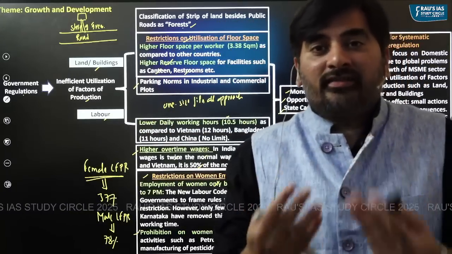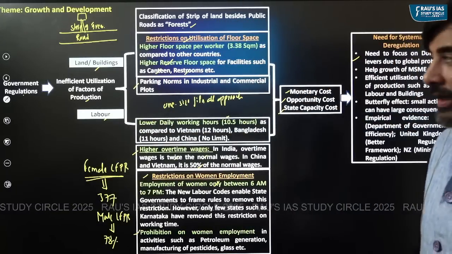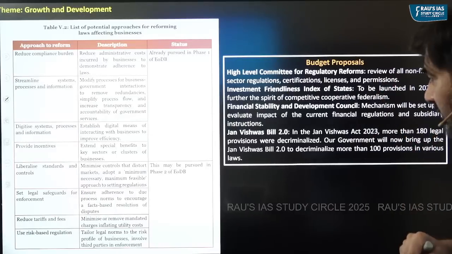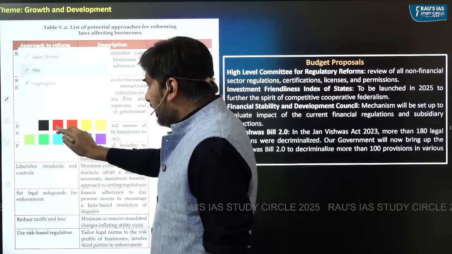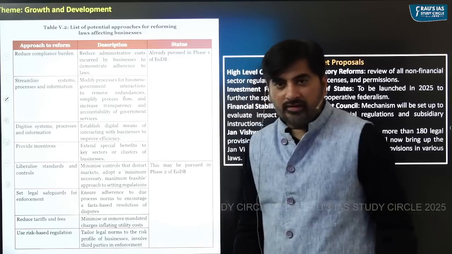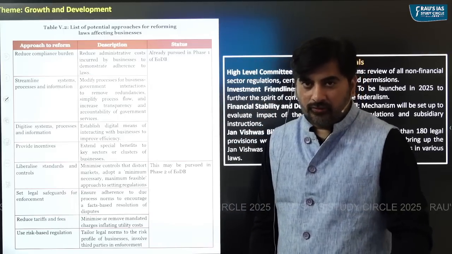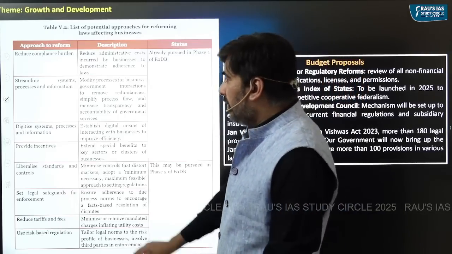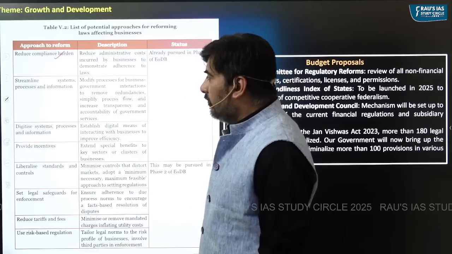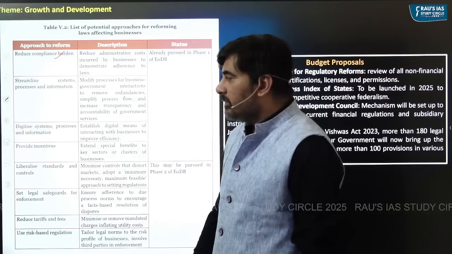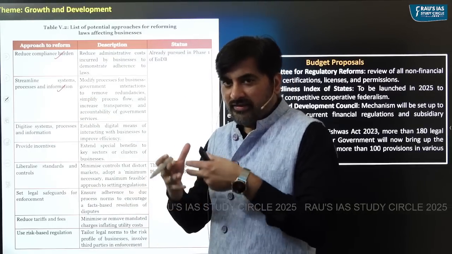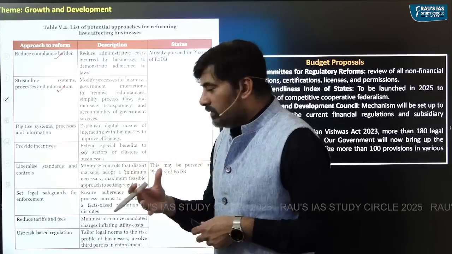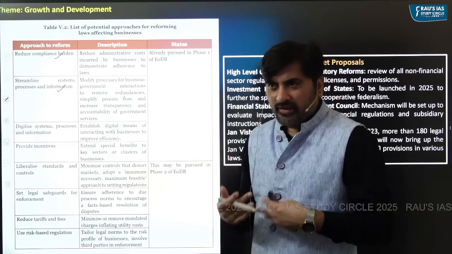What should be our strategy for systematic deregulation? Let's see this. Right now, government has started focusing on improving the ease of doing business, for which it has already focused on reducing compliance burden. It has streamlined the process and information, basically to make it easier for the industries to comply.